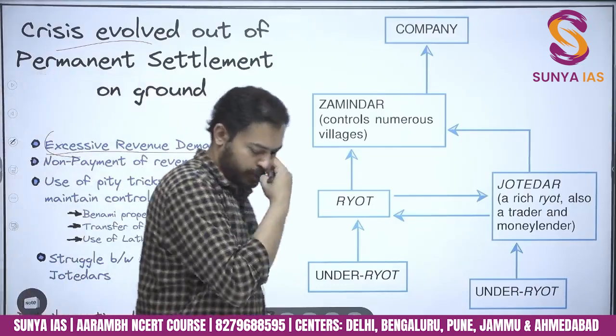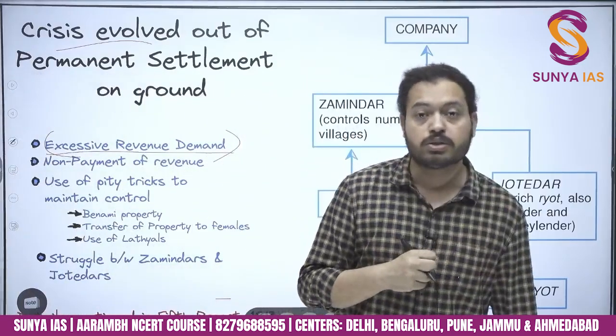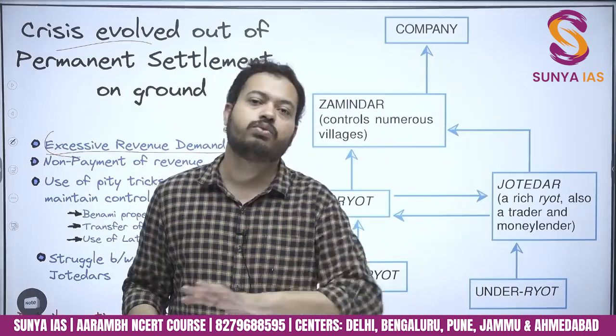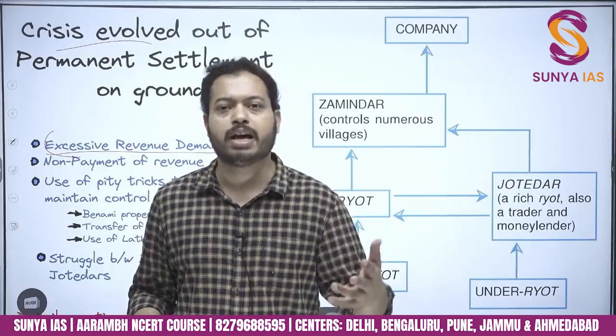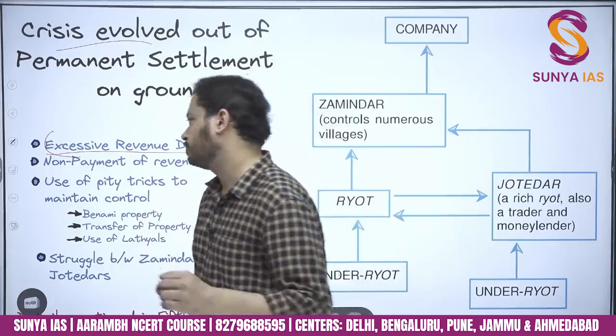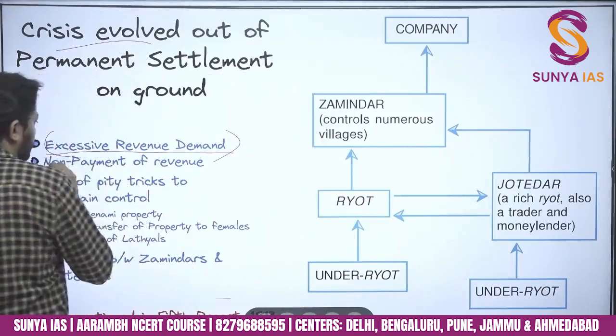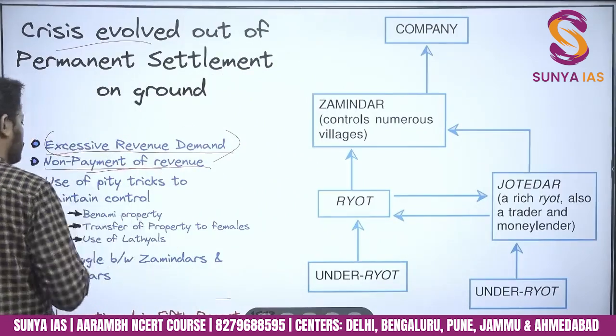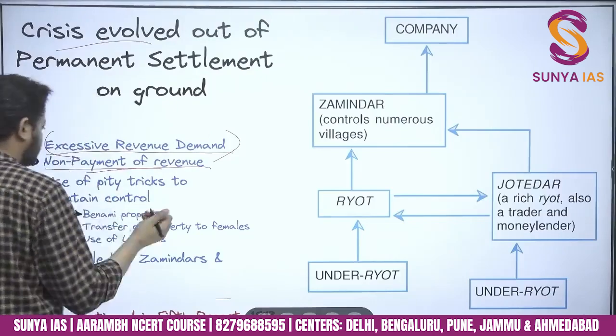One part has to be kept by the zamindar and 10 parts have to go to the British government. This was way more than whatever had been asked by the Mughals in the past. Now, non-payment of the revenue was one of the major problems which arose because of this, because the revenue demand was so high that no one was able to pay.